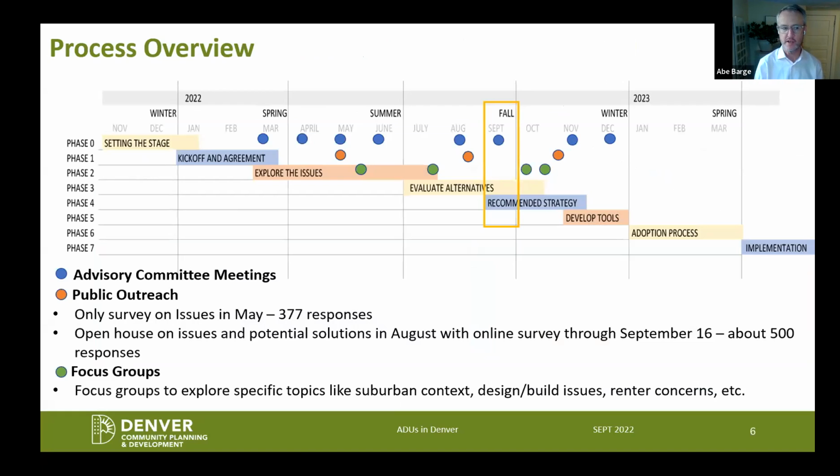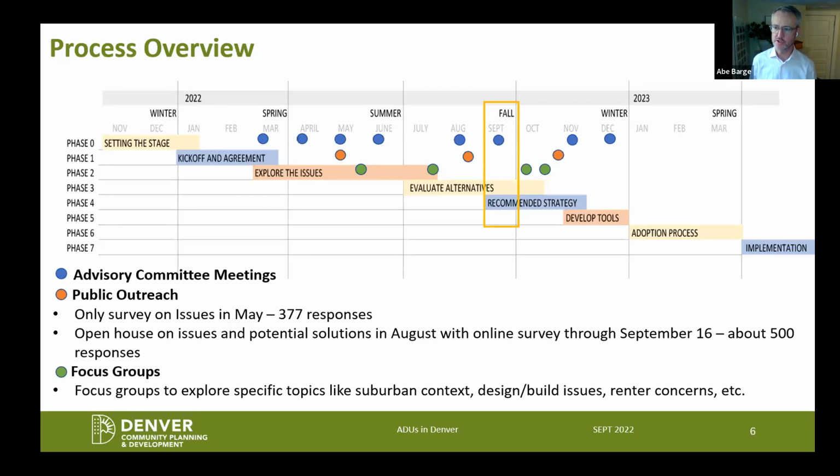So the process for the project: we've been moving through a series of stages, from kicking off early this year, through an exploration of all the issues that relate to those project objectives, then looking at some alternate ways to address those issues, onto, based on that, what the strategy should really be. Then we go into developing the tools, which basically means writing a proposal for amending the zoning code, and then an adoption process.